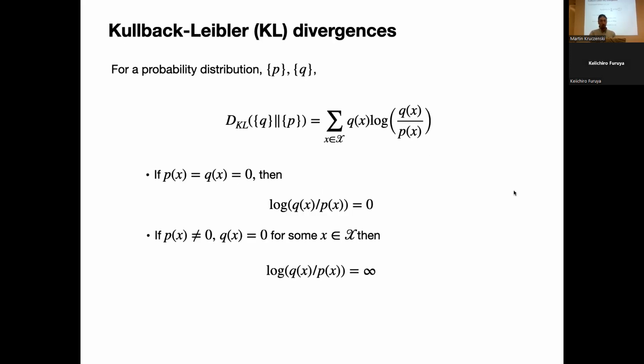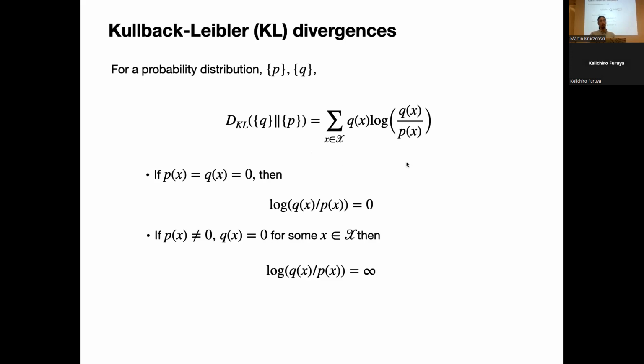So first, this is a very basic review of the classical case. If you have two probability distributions on some sample space X, you can define a divergence, which compares how similar the two probability distributions are.